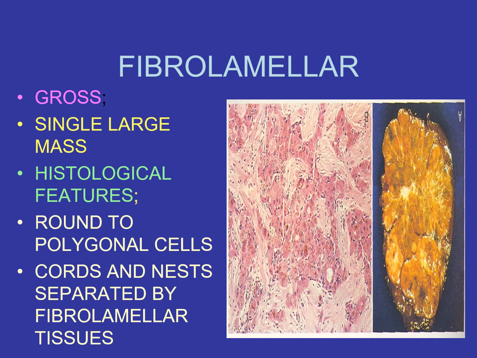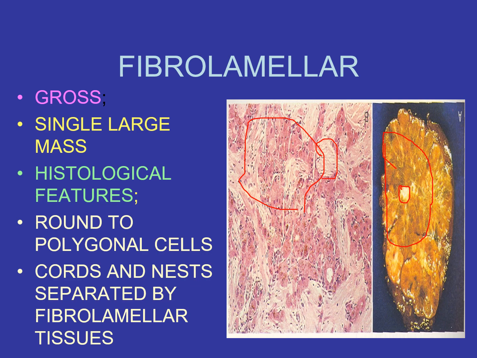On the right side is the liver, showing this central scar, which I am now encircling, and around that are the cords of the cells, while on the left side you can see the islands of cells which are encircled in this fibrolamellar tissue, which I am now encircling.